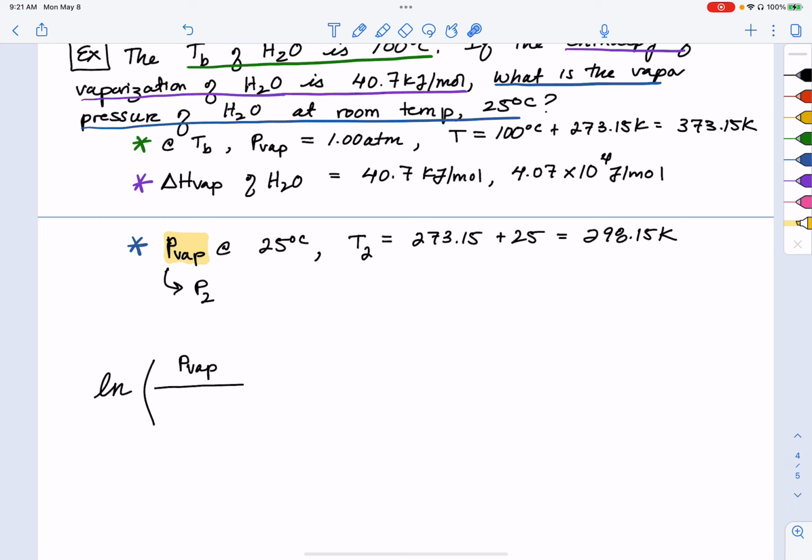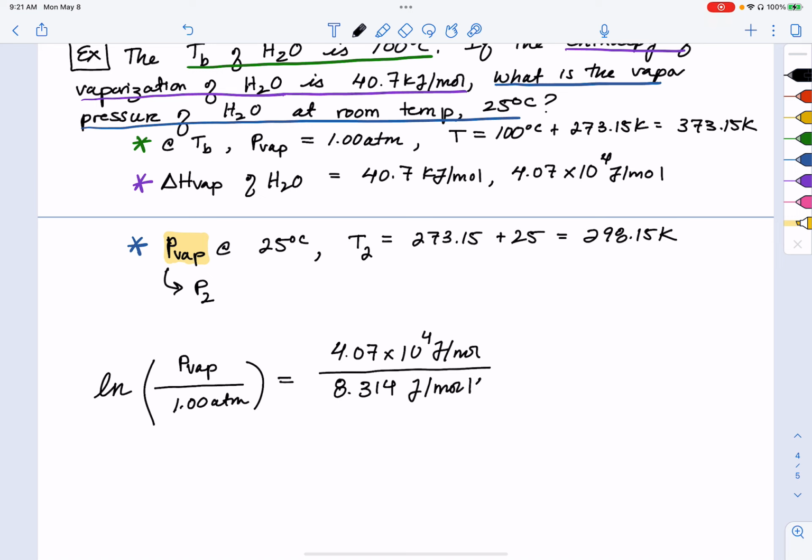And we know by definition of the boiling point that our vapor pressure is 1.00 atmospheres. That is equal to the heat of vaporization, so the enthalpy of vaporization of water in joules per mole, 4.07 times 10 to the 4 joules per mole, over our gas constant, which has been re-expressed so that it's in new units to accommodate this energy unit. That is 8.314 joules per mole Kelvin.